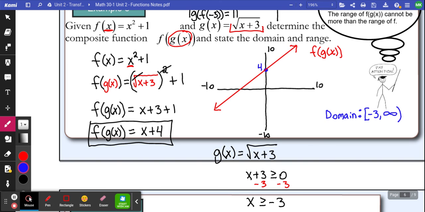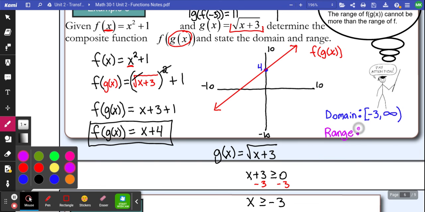Okay. The range. Normally, this range would be up forever, down forever. Negative infinity, positive infinity. However, we have a restriction on this thing. That restriction is that you can't go past -3 in your x values.